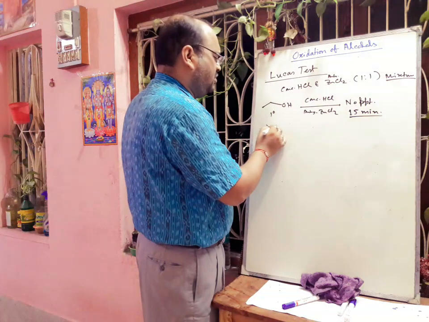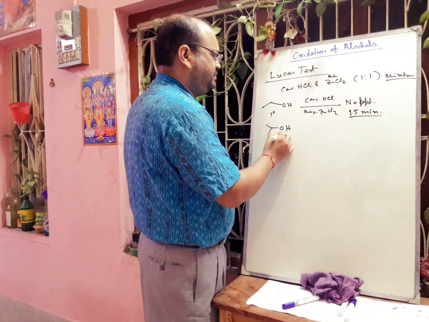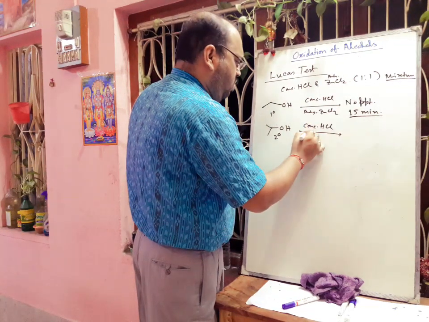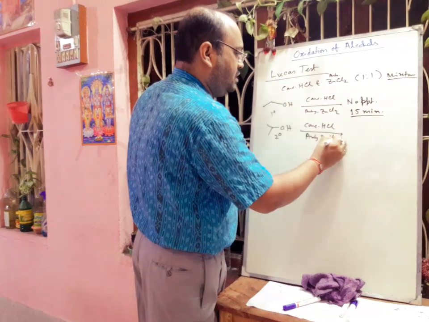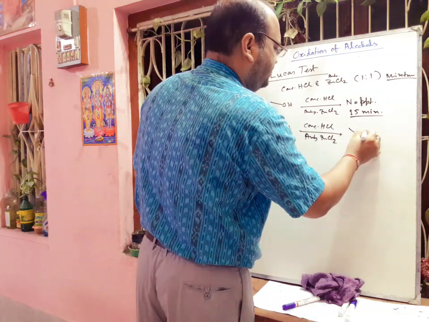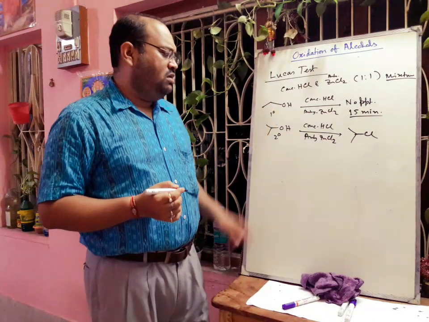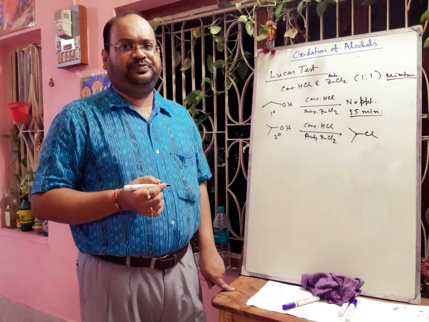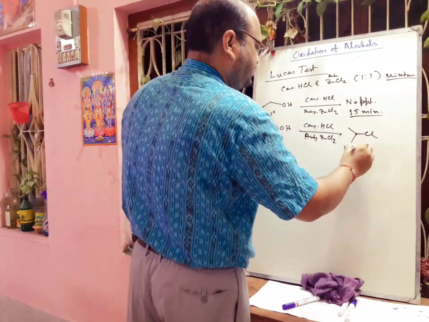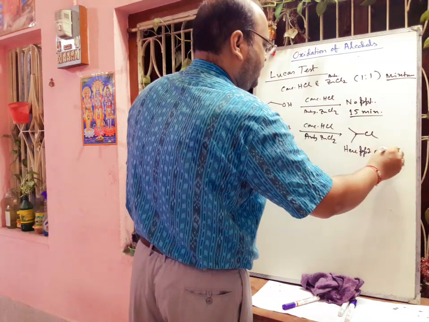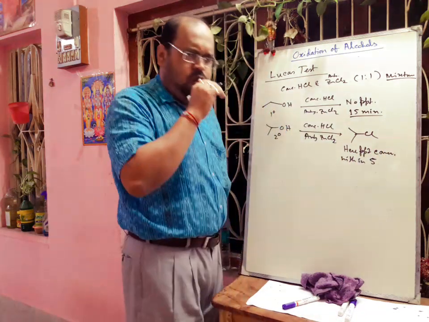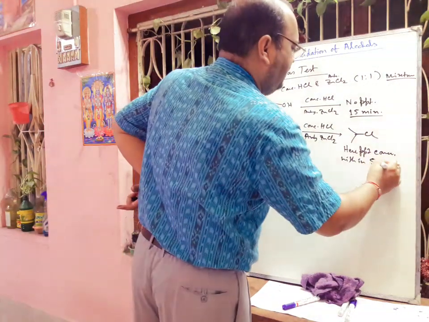But if we take secondary alcohol, the isopropyl alcohol, and use the same Lucas reagent, then there will be formation of the corresponding chloride. Here precipitation or cloudiness appears within 5 to 10 minutes.